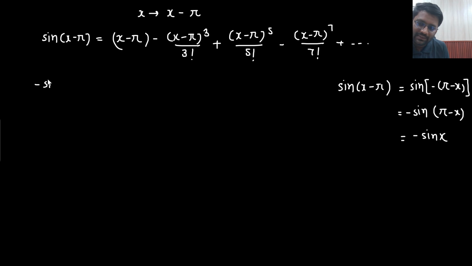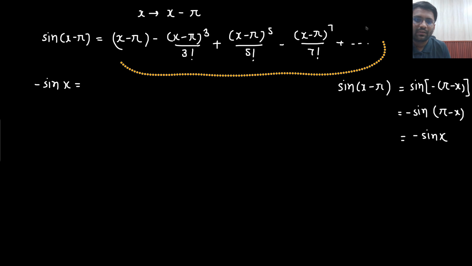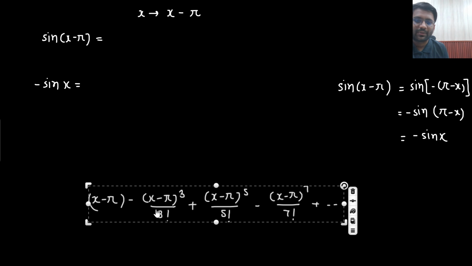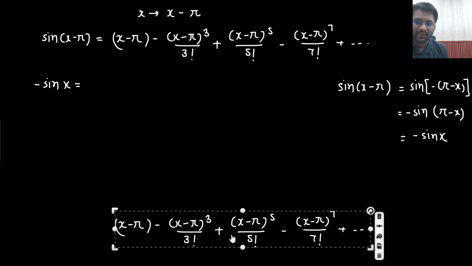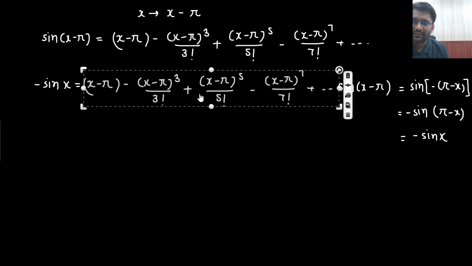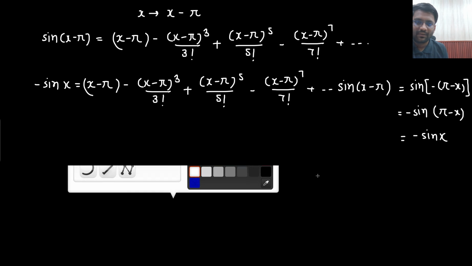So minus sin x is equivalent to whatever we have written. So minus sin x is coming out to be equal to this particular expression. Which expression? This particular expression. This is your minus sin x. Understandable?